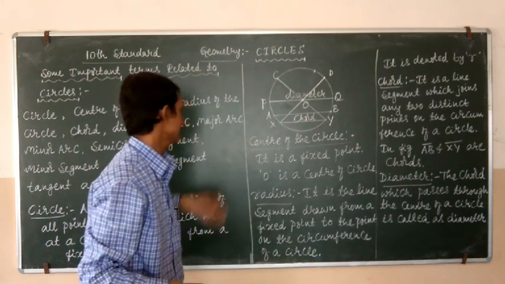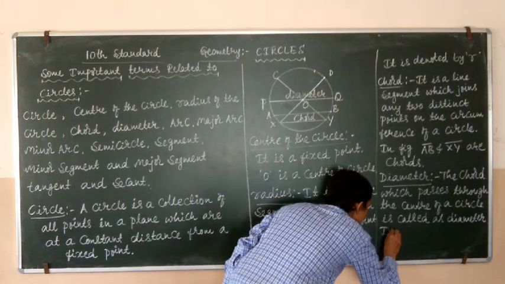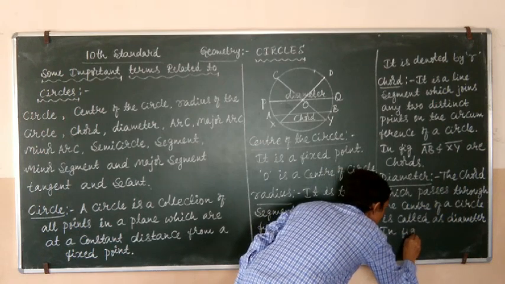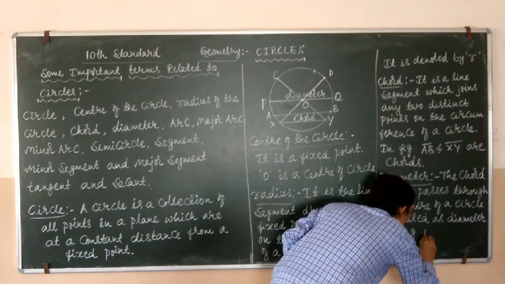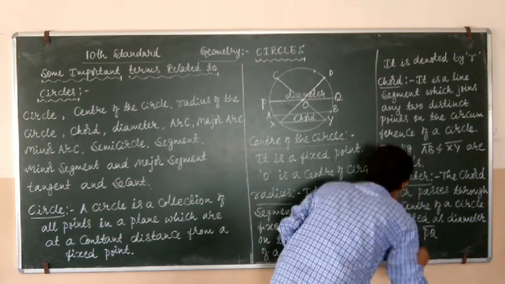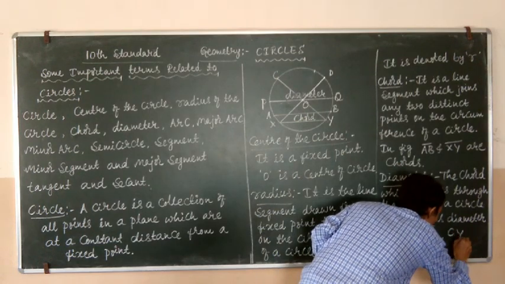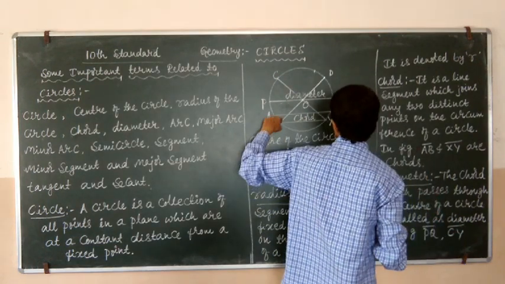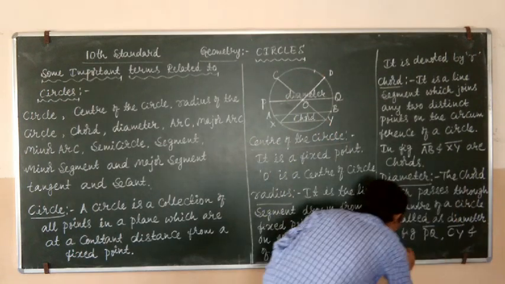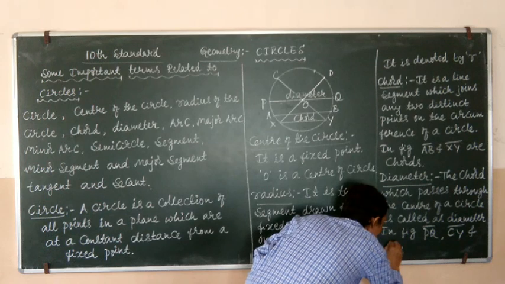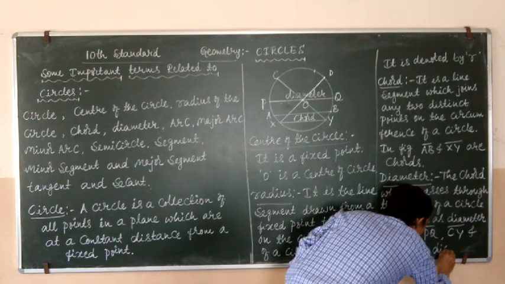So in the figure, PQ, CY, and XD or DX are diameters.